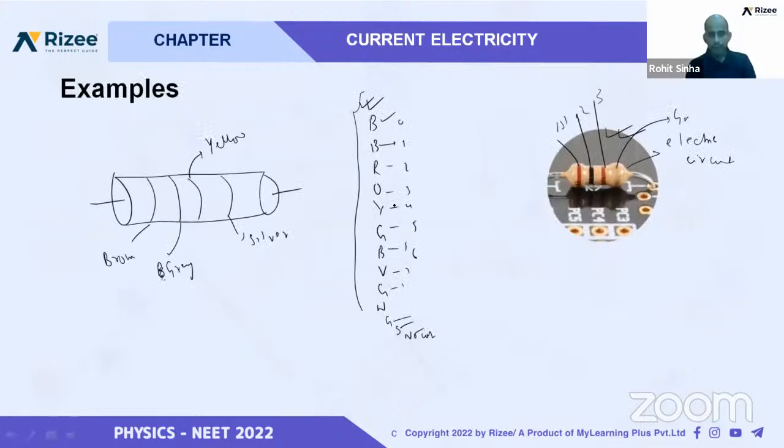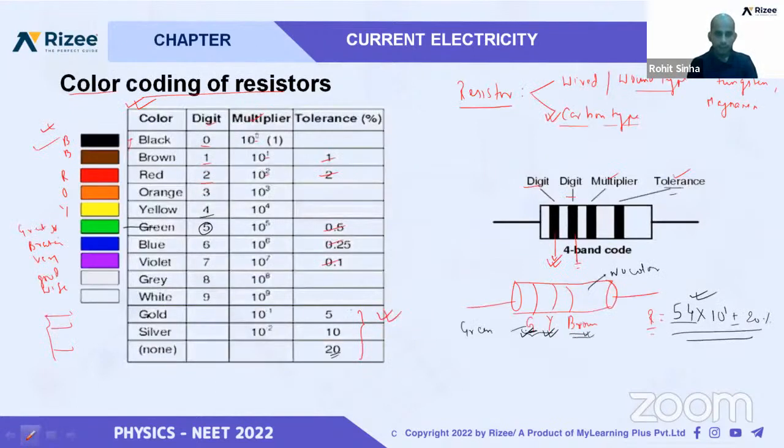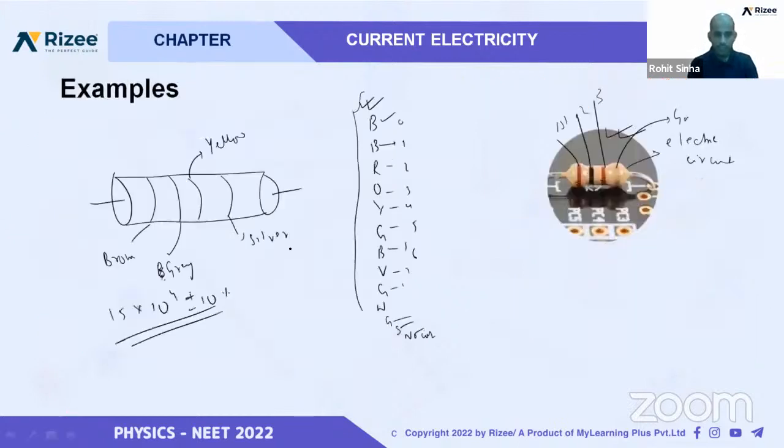Okay, I think for yellow it should be 1, 5 into 10 to the power 4 plus, it is silver, so plus minus 10%, like this. Okay, you can see for yellow it is 10 to the power 4. By mistake you did 10 to the power 5. Okay.